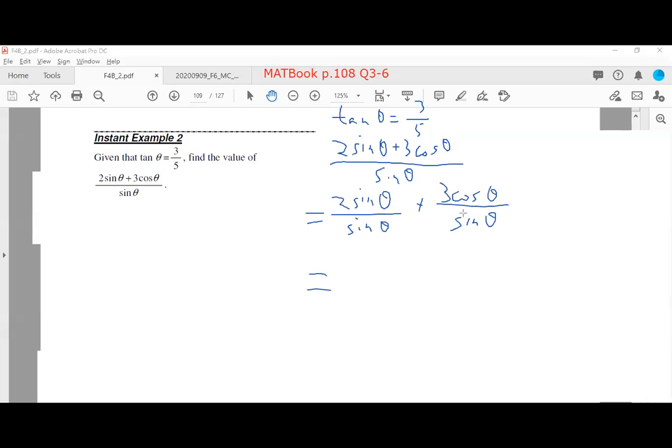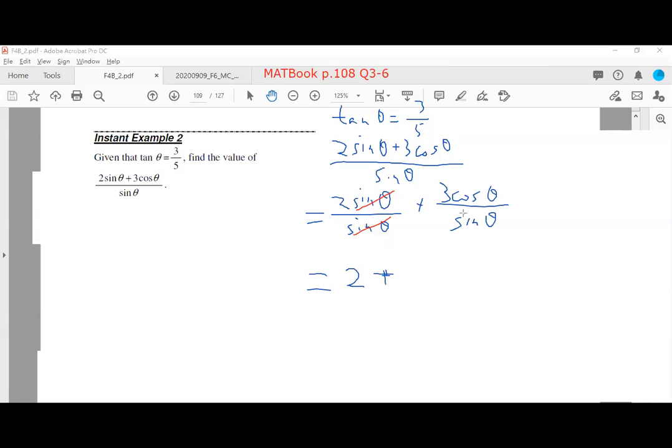But for the first fraction, you can see that the sine theta and sine theta will be cancelled by each other. So what is remaining in the first fraction is just 2, and then plus 3 cosine theta over sine theta.